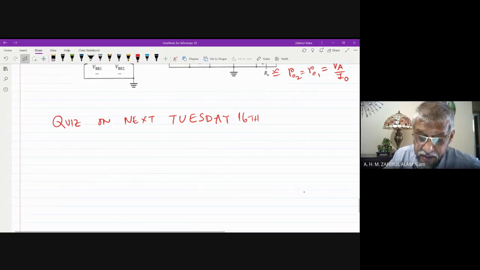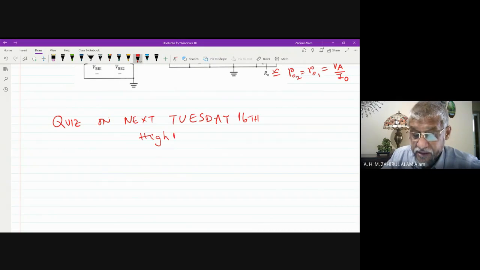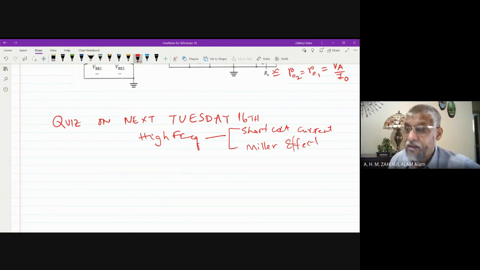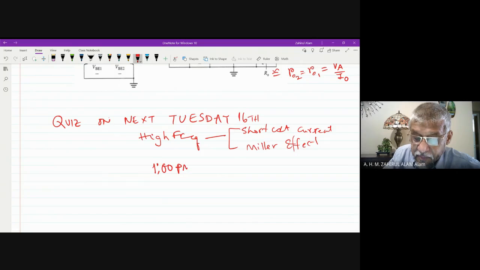This is on high frequency: we have studied short circuit current gain and Miller effect. Because I'm going to take both sections together, I'm going to conduct it from 1 p.m. So the quiz.